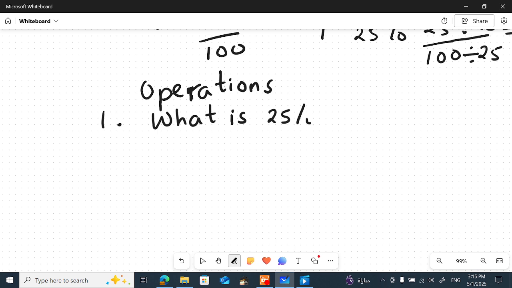For example, look at this question: what is 25% of 80? The original value is 80 and you're told to find 25% of 80.